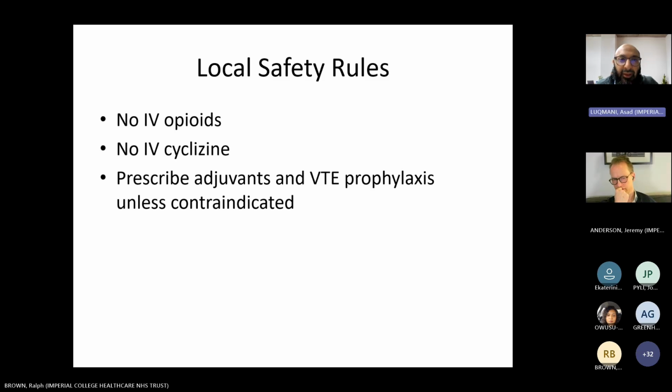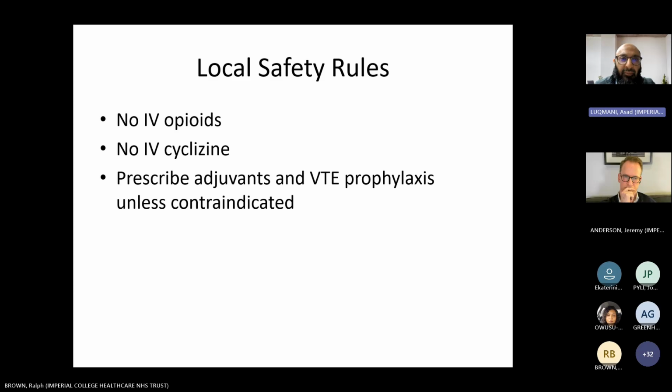Just to highlight that in our trust, we do have some other suggested aspects of the management that we advise. So in our trust, we don't give IV opioids, although they may be used in other trusts.